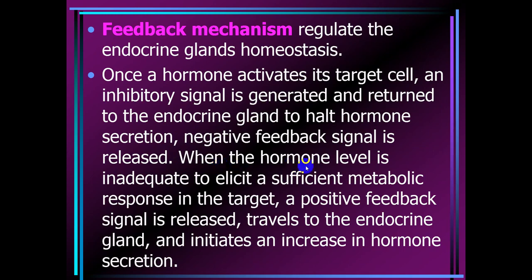When the hormone level is inadequate to elicit a sufficient metabolic response in the target, a positive feedback mechanism takes place. That's why a positive feedback signal travels to the endocrine gland and initiates an increase in hormone secretion.